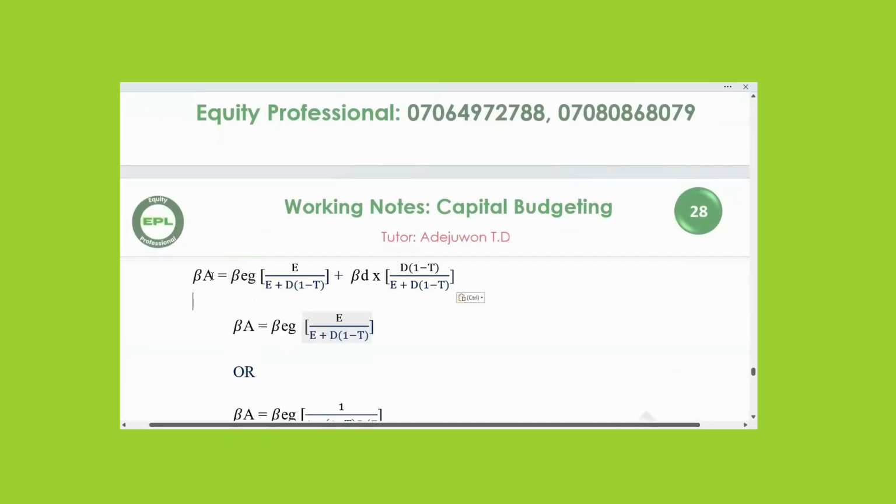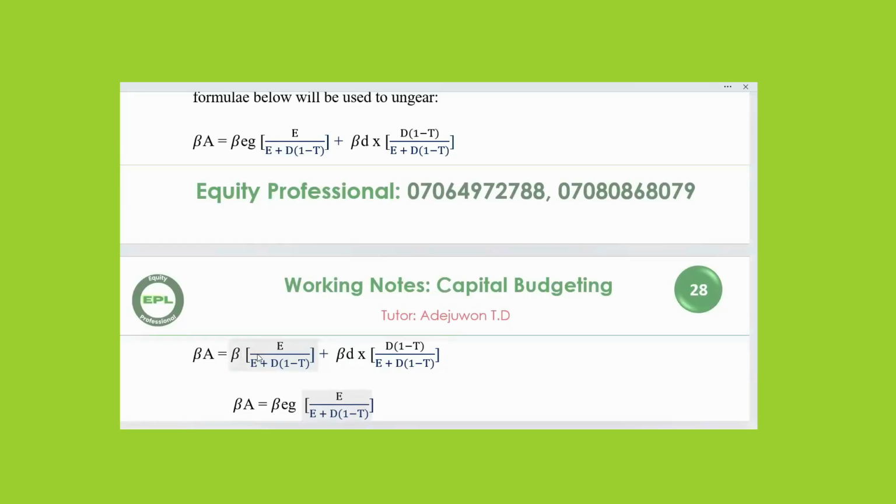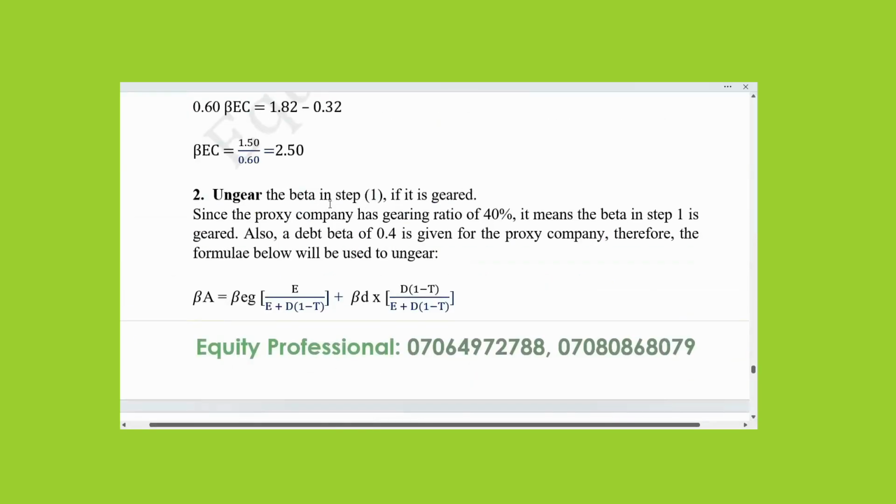The beta assets is what we want. The 2.5 is geared because the proxy company has debt in its capital structure. We are given a gearing ratio. Therefore, we need to ungear it. I would then say 2.5 multiplied by equity value over the debt equity ratio.